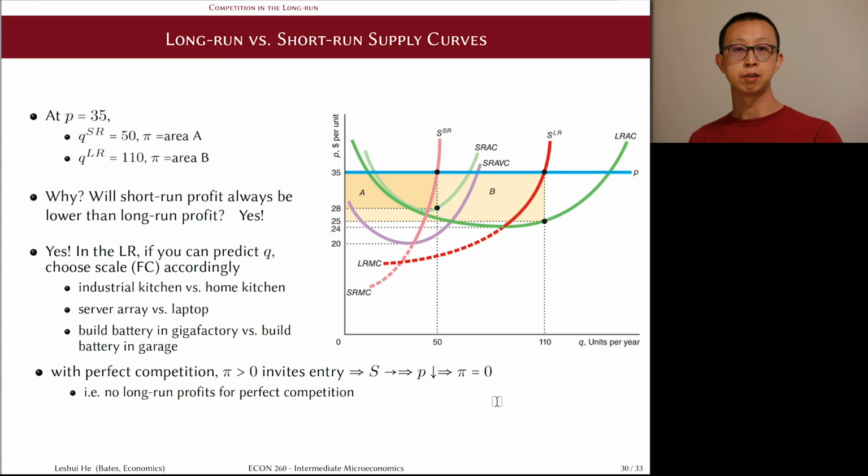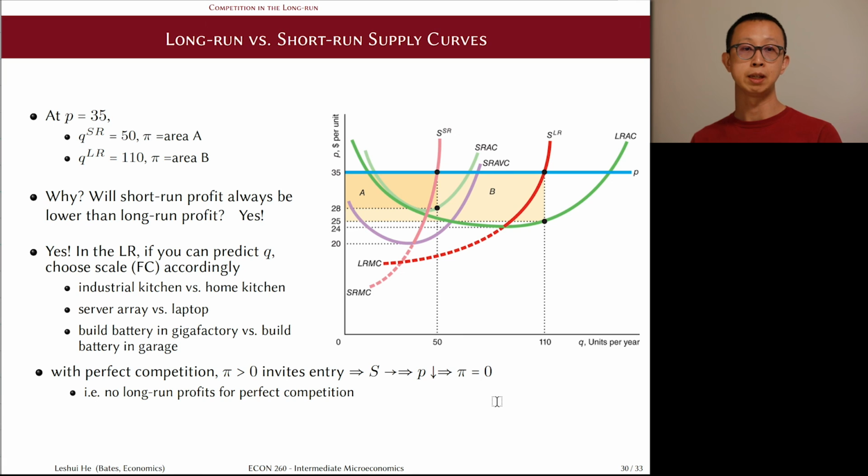In fact, because the firm plans for fixed cost optimally in the long run, cost is always lower than the short run cost. As a result, the long run profit is generally higher than the short run profit. In the long run, it is frequently assumed that the firm in perfect competition has no profit. The argument is grounded in the no barrier to entry assumption.